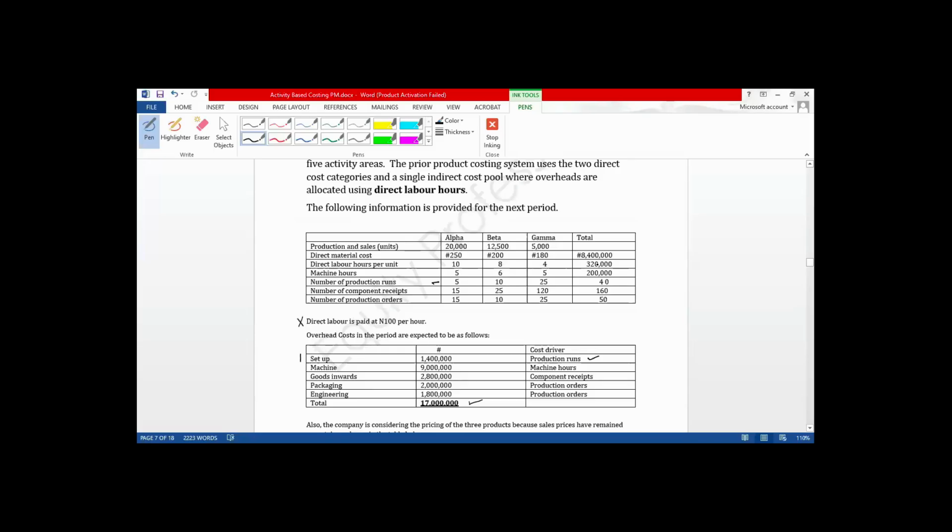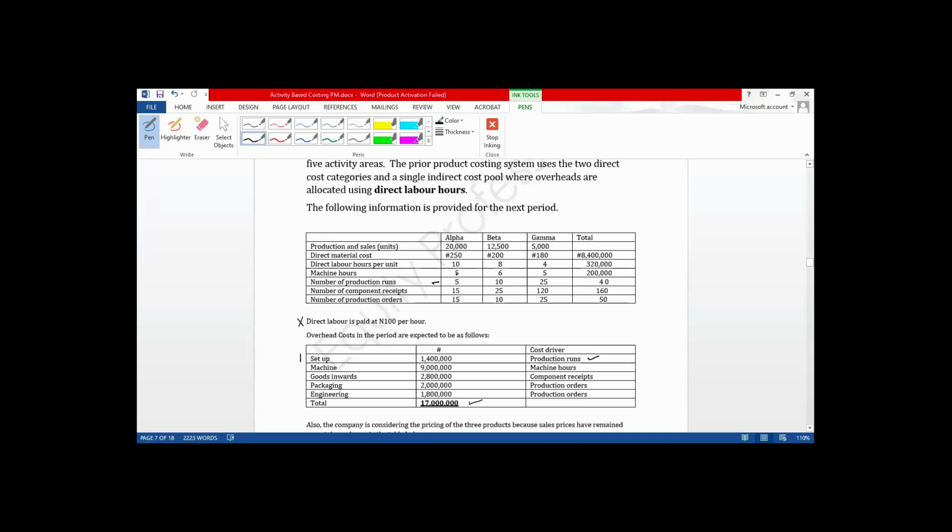Examiner says total is 320,000. Definitely, if you add 10 plus 8, 18, 18 plus 4, 22. This is not equal to 320,000. Obviously, this hour has been tied to something.